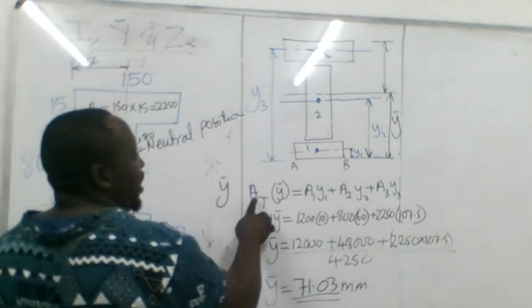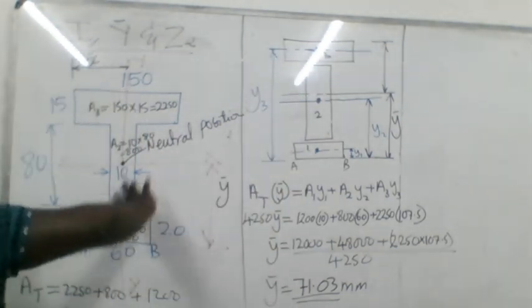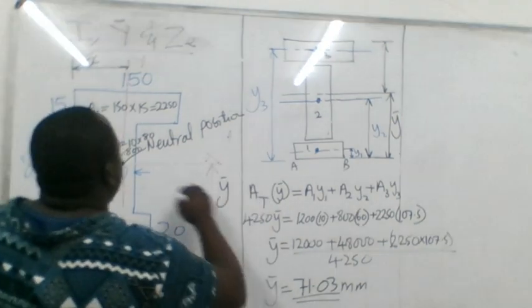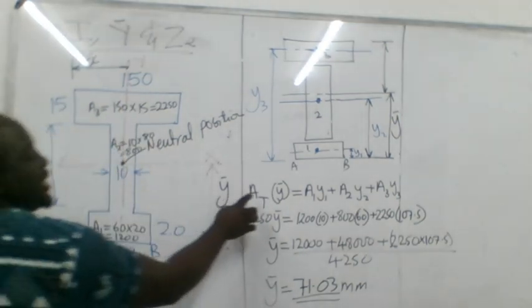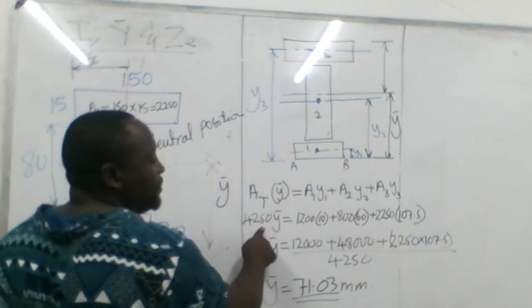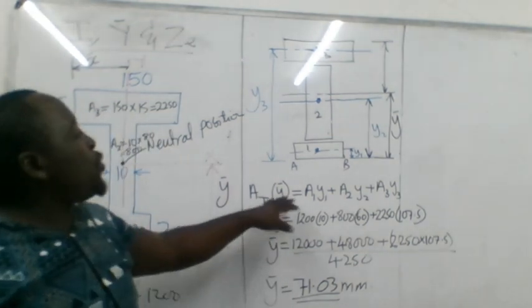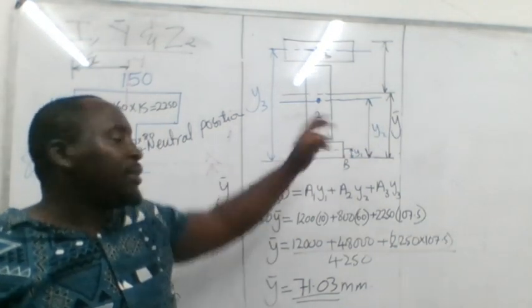Hence, you see the equation: the total area, which is the area of the whole thing, area of that plus area of that plus area of that, when you add it is 4250, must be multiplied by y bar because that is its central position.